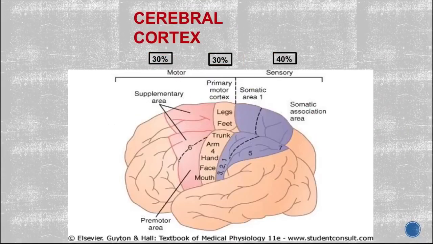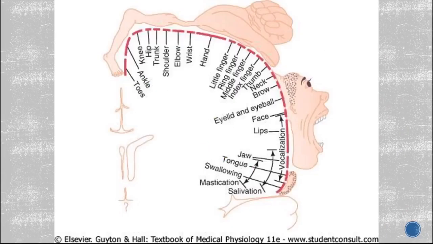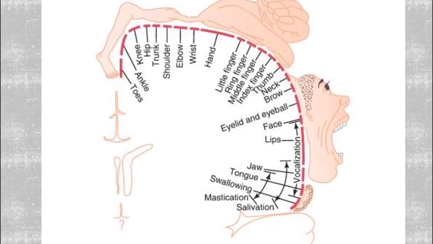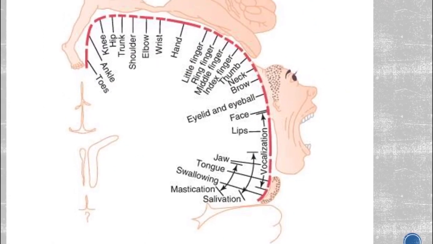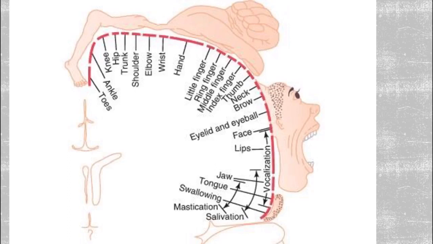And now coming to the homunculus representation, see how much representation the entire body has got. This is the representation of the hand muscles, very large compared to their size, and this is the entire trunk, very little compared to the size of the trunk.